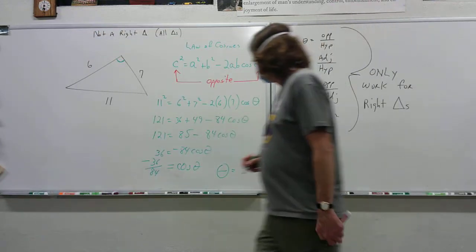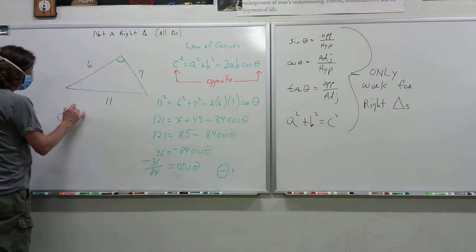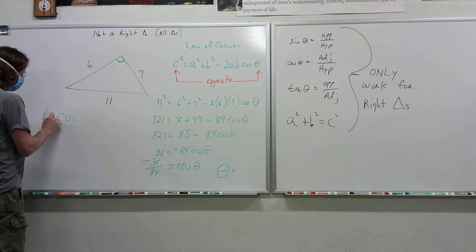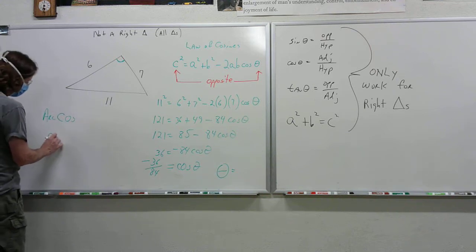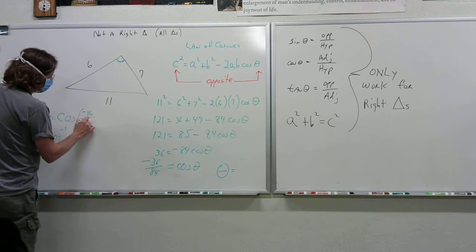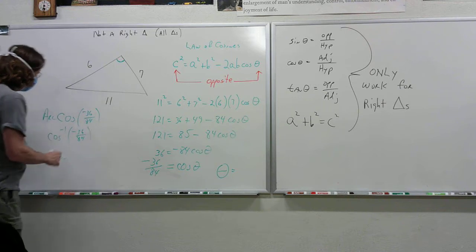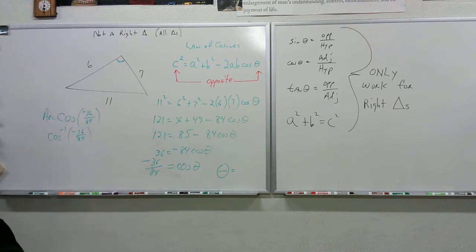So what you want to do here is use that inverse key, and I'm going to call it arc cosine, because I hate that inverse notation, of negative 36 over 84. And you can punch it in your calculator. I think you have to hit the second button and then hit it, right?